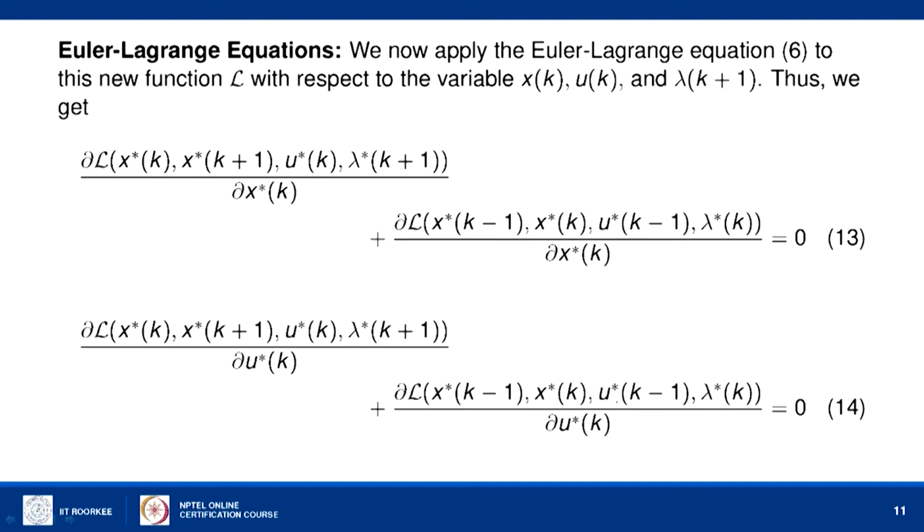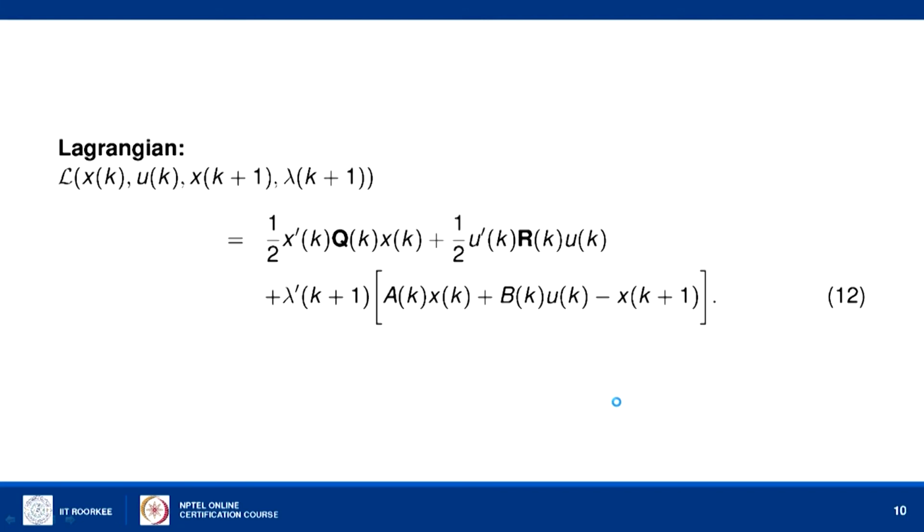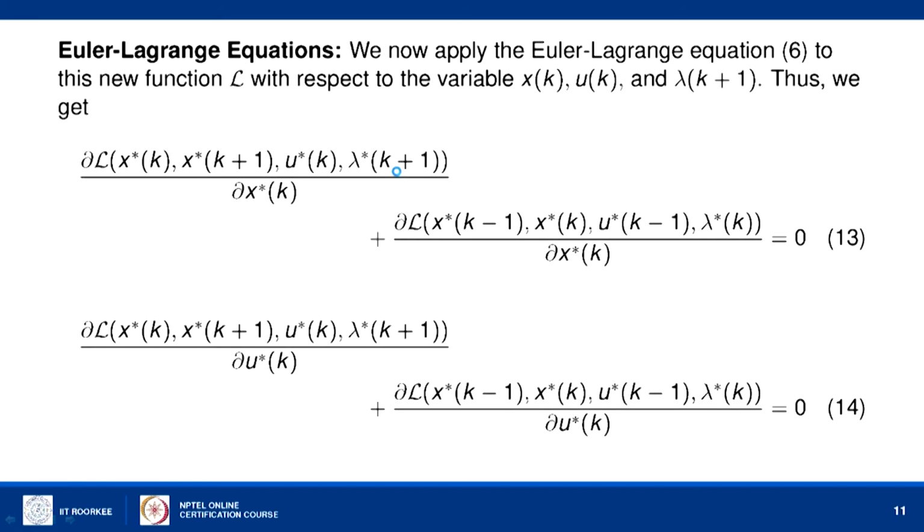L is not only a function of x alone like the previous one, it is also a function of u of k, and also a function of lambda of k plus 1. So, there are three different functions involved here, and the procedure adopted in the previous one can be extended for all these three variables.